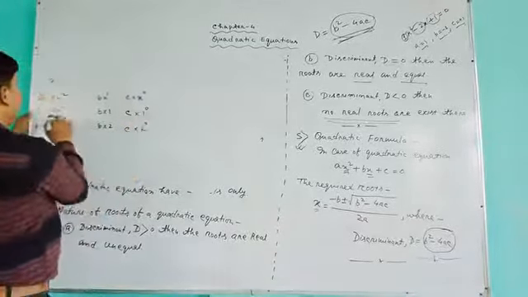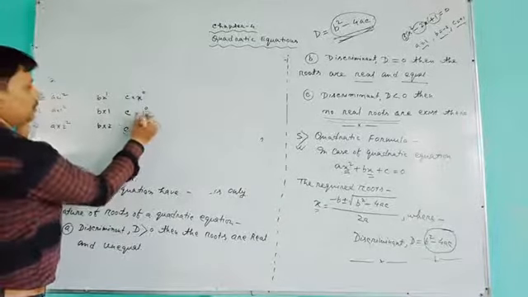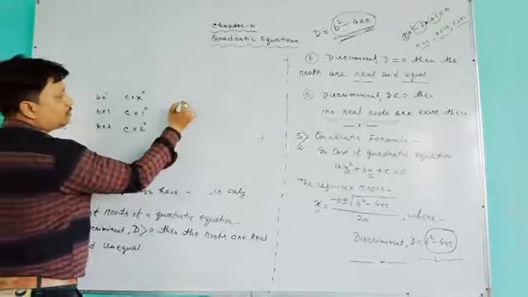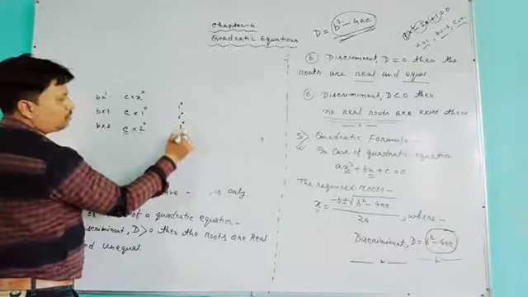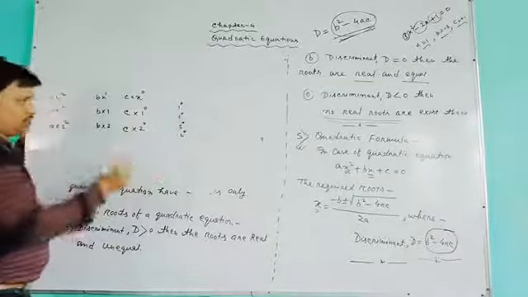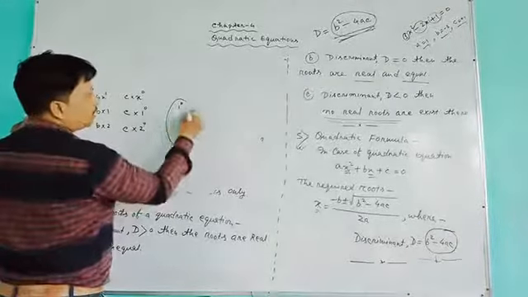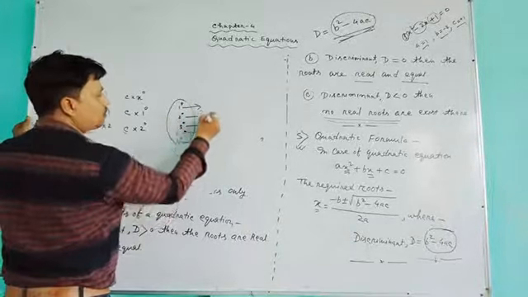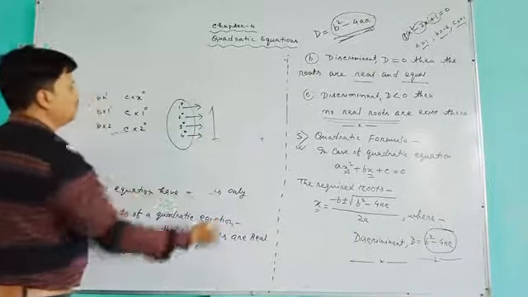That means when you change the value of the variable, the other terms also change. But here we get 1 to the power 0, 2 to the power 0, 3 to the power 0, 4 to the power 0, and all are equal to 1.